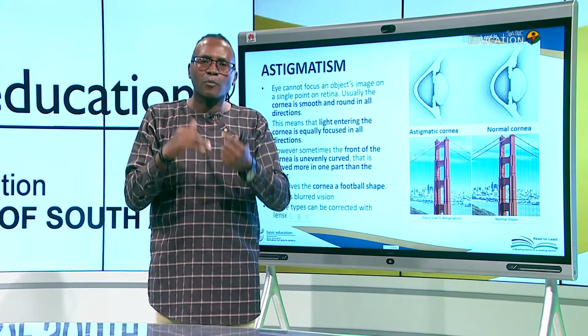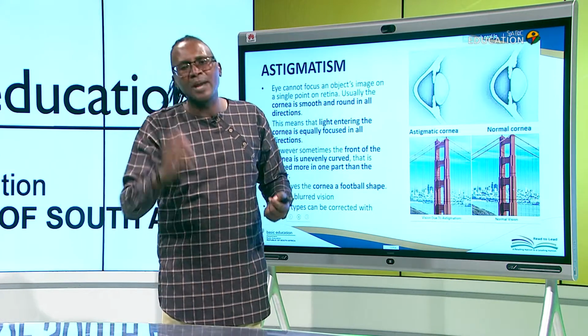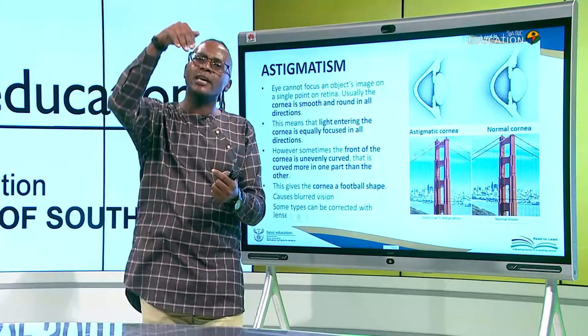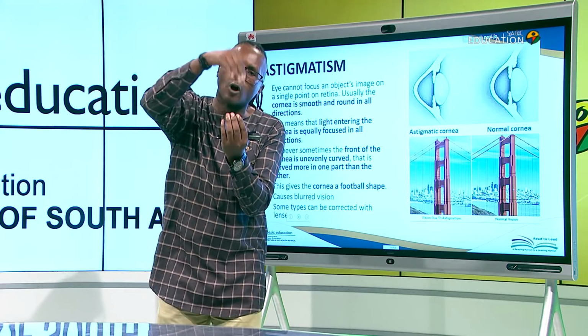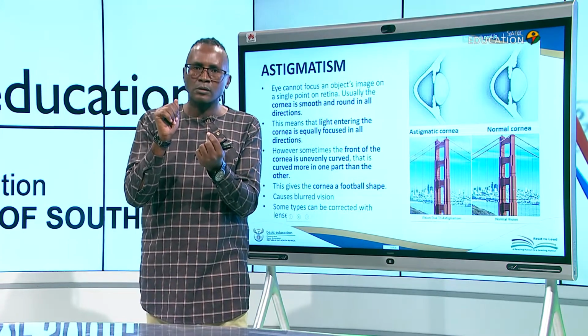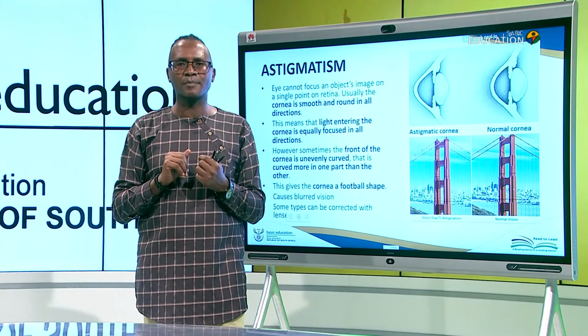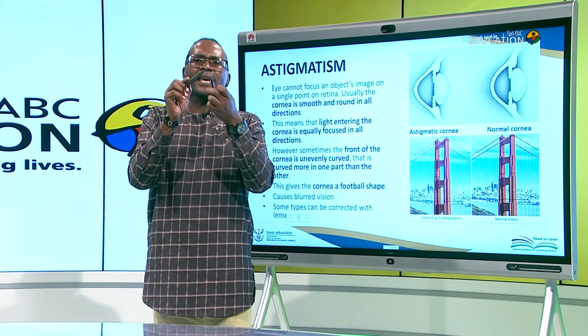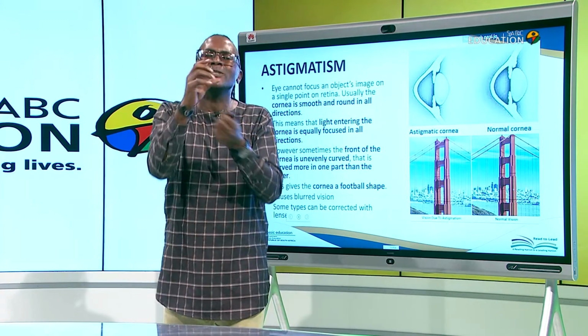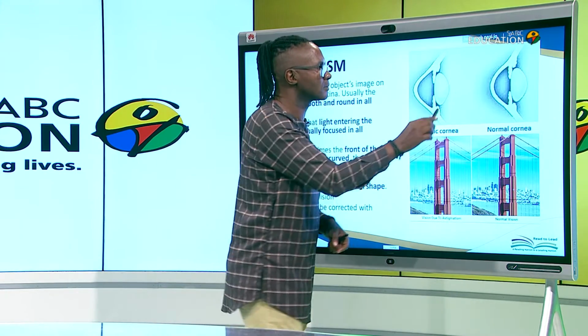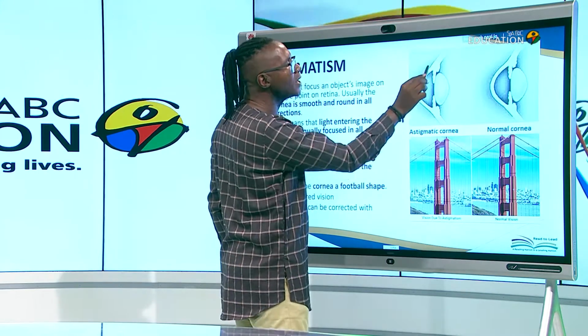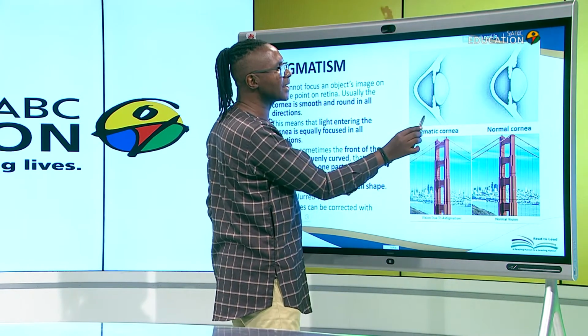So the object that I'm going to see is going to be blurry because of the unevenness of the surface of the cornea. So that is astigmatism. That means the image is going to fall on two parts inside because the cornea is uneven.